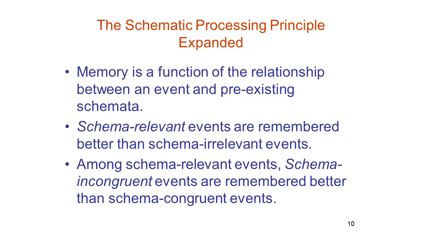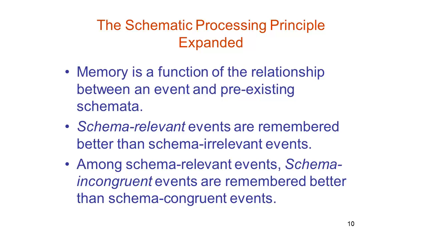So here's an expanded statement of the schematic processing principle. Episodic memory is a function of the relationship between the event you're trying to remember and pre-existing schemata that comprise part of semantic memory. Schema-relevant events are remembered better than schema-irrelevant events. That's the basic schematic effect on memory.